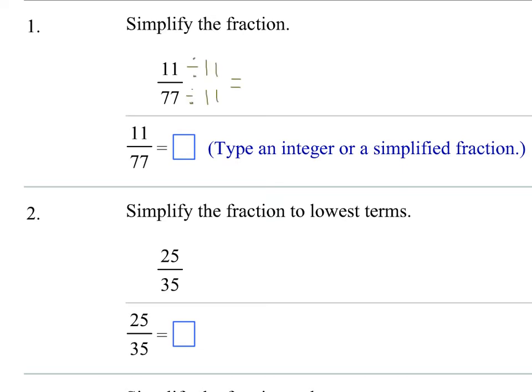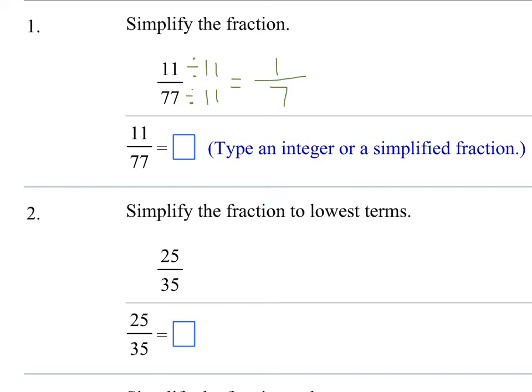So the numerator and denominator of this fraction can both be divided by 11. 11 divided by 11 is 1, and 77 divided by 11 is 7.